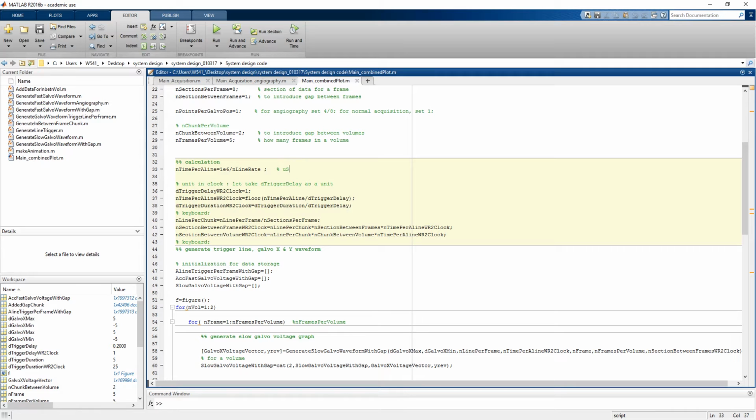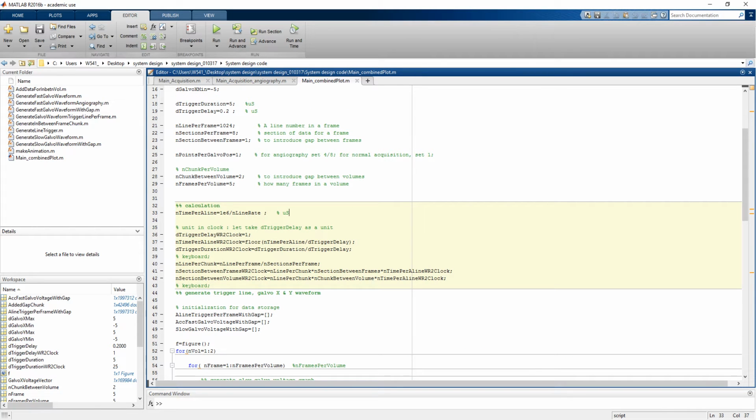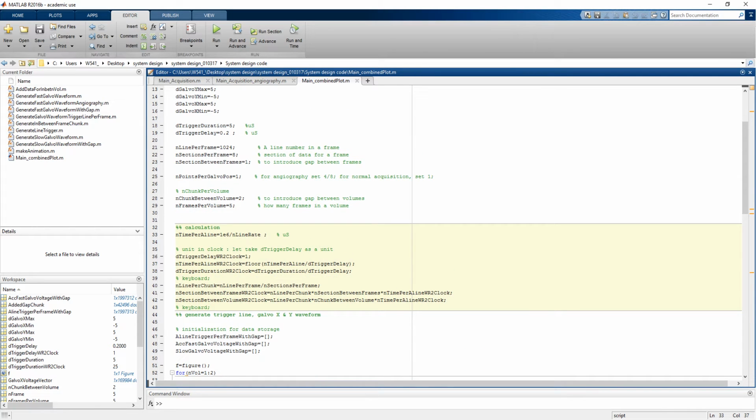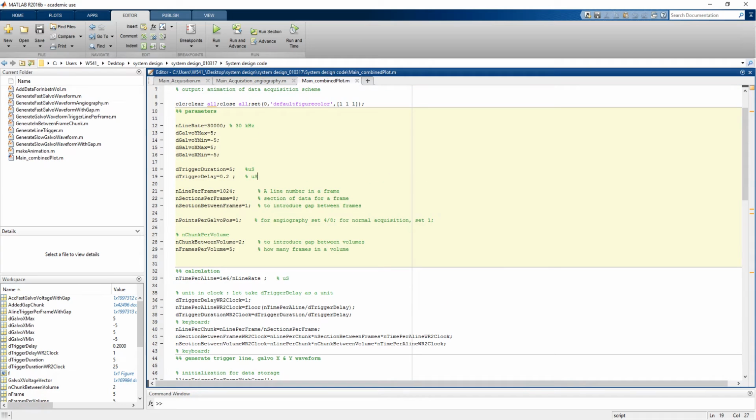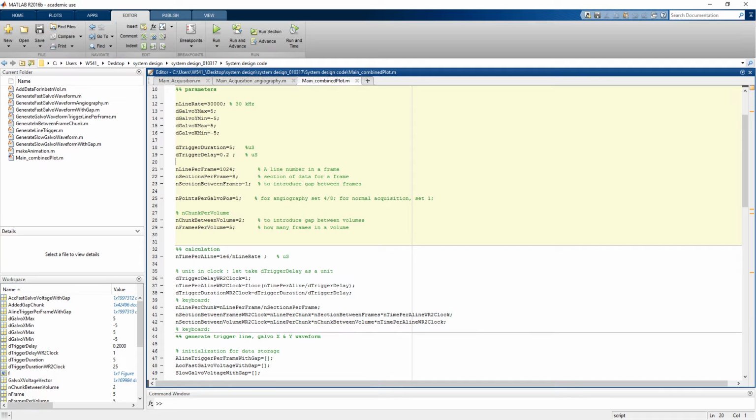Now, as you need a clock, for the clock you need to define the minimum unit. If you look at the time parameters, the trigger delay time is the lowest time we can see here. So I took this as a parameter and converted everything in terms of the triggering unit.